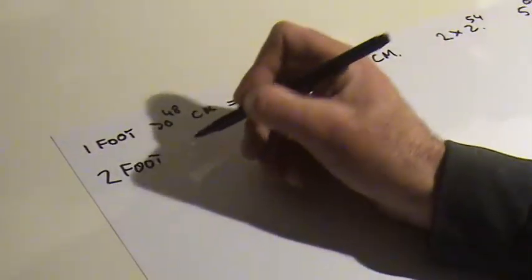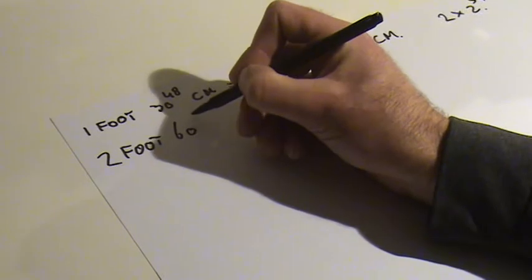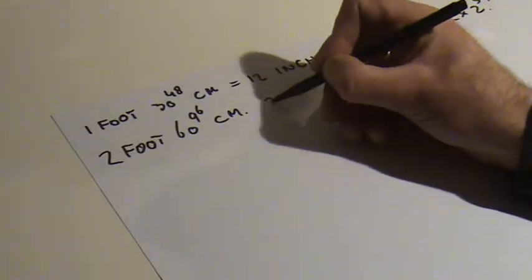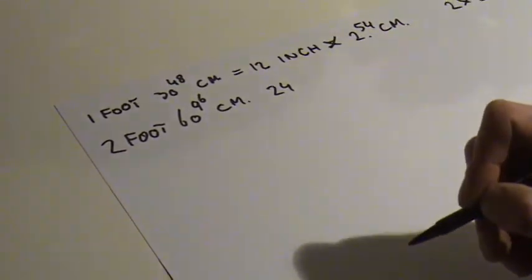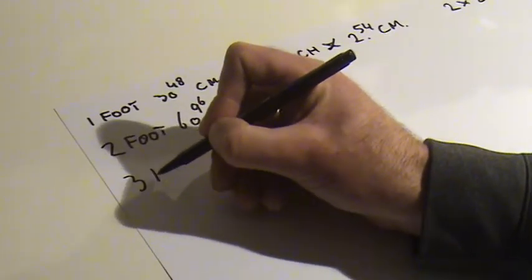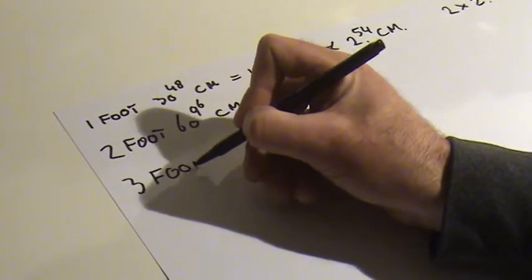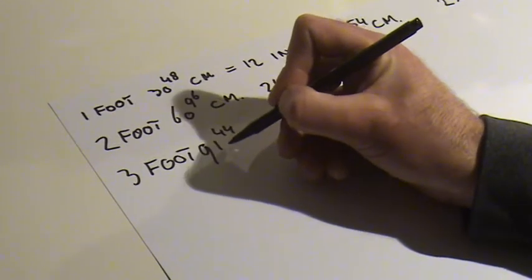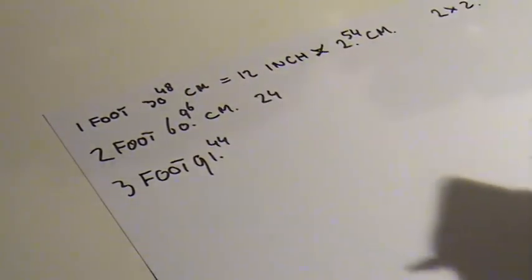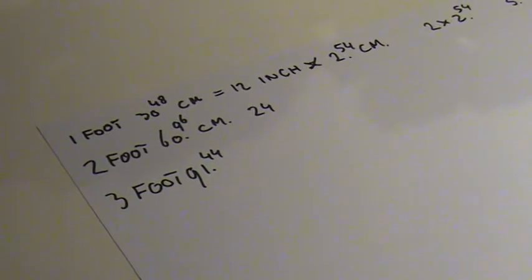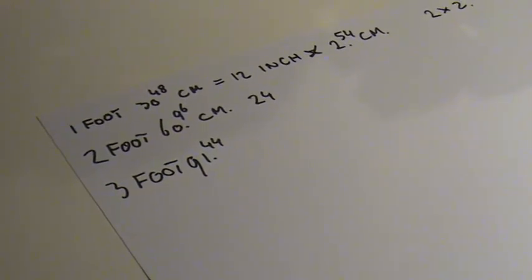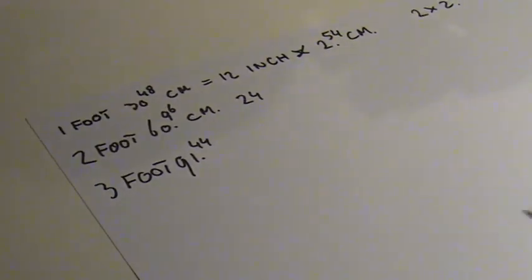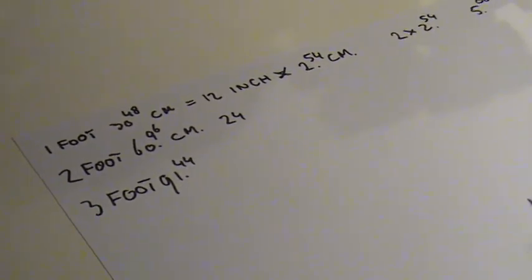2 foot, that's 60.96, and it's 24 inches, and for 3 foot, 36 inch. So all the distances are present at one time.